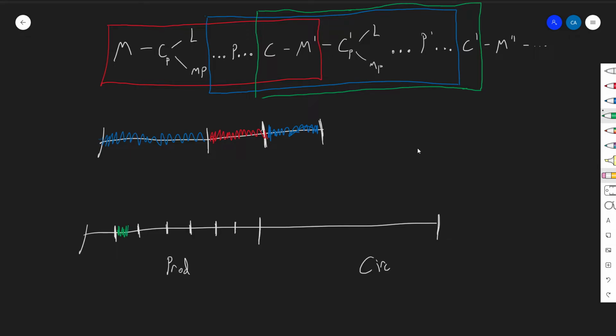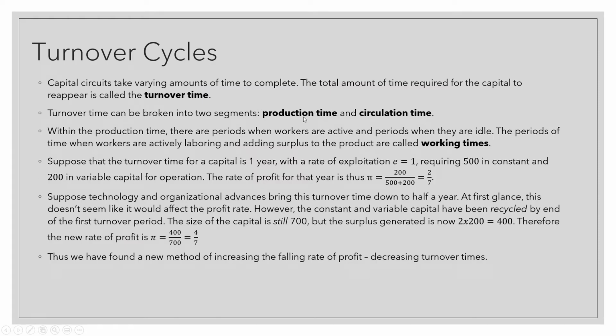We'll call these the working periods. So this is working time. You have working time within the production time, and not all of the production time is working time. So you've got three different periods of time during this circulation of capital: production time, which is either working time or idle time, and then circulation time.